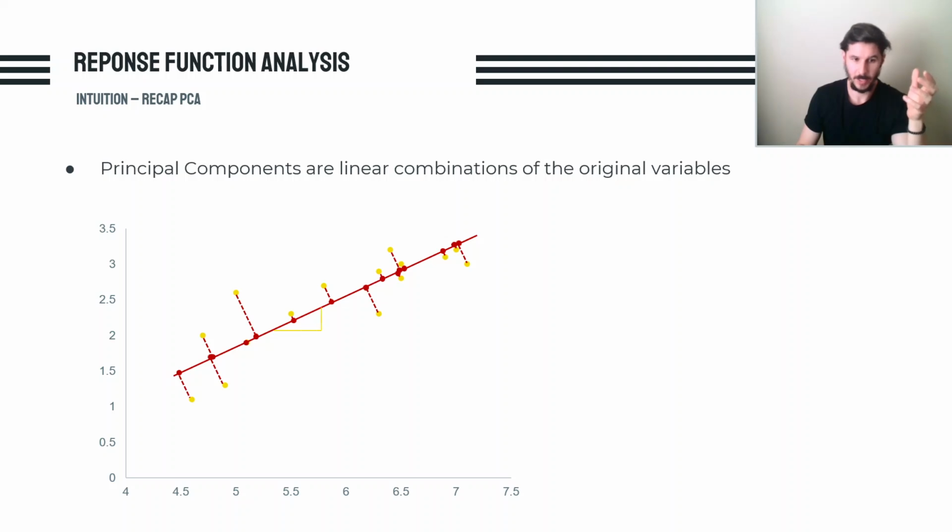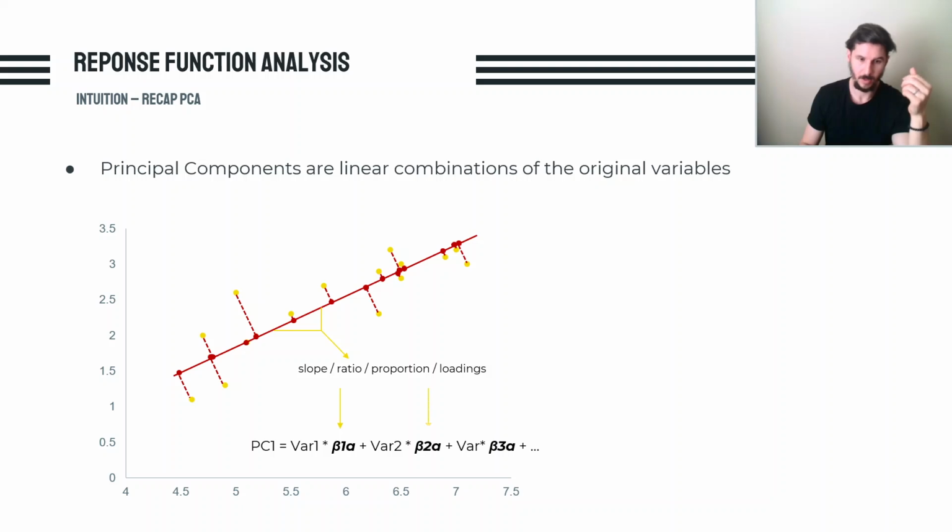And based on that, you can find that slope or that ratio or proportion between the two variables. That line actually contains information for both variables, based on those coefficients that we just found. And this is what principal component analysis does. It tries to find the line that best explains the data set and gives you the coefficients for that.